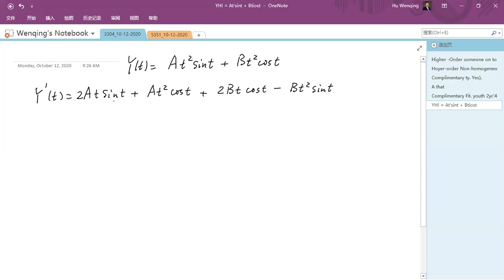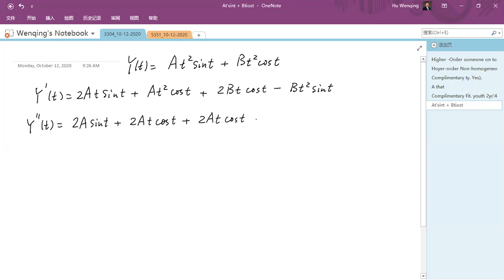But then the smartness comes out, namely you have to look at those terms. You see, you're going to have t sine t, t cosine t, t squared cosine t, t squared sine t. So if you take another derivative, you keep taking those derivatives. That's 2a sine t plus 2at cosine t, plus 2at cosine t.